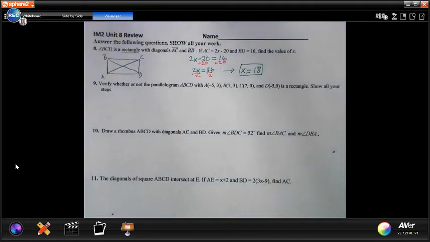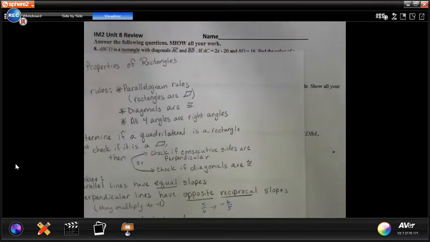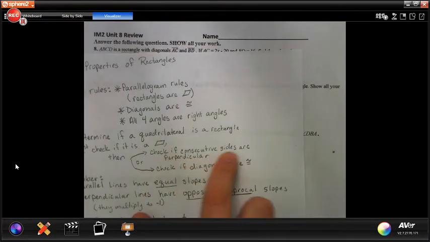Again, you won't have to actually do the distance formula on the test, but you will have to know that you either check if consecutive sides are perpendicular using the slope, or check if the diagonals are congruent. You just have to be able to identify those two statements.